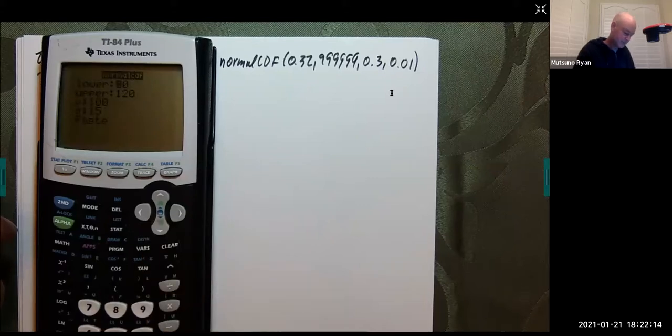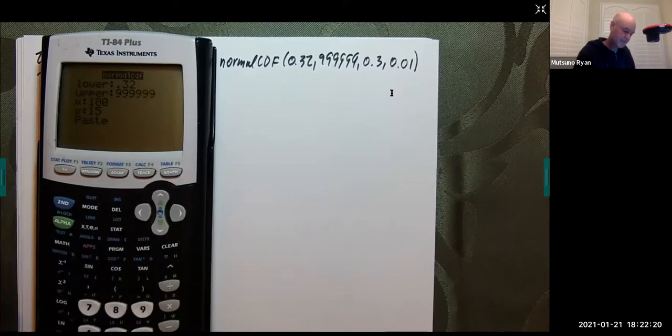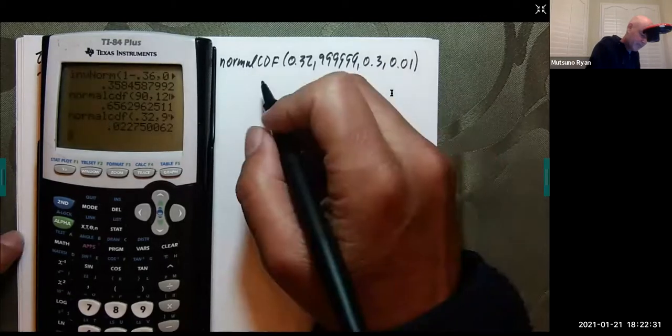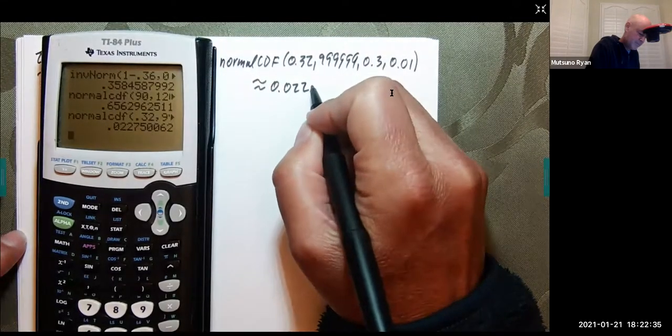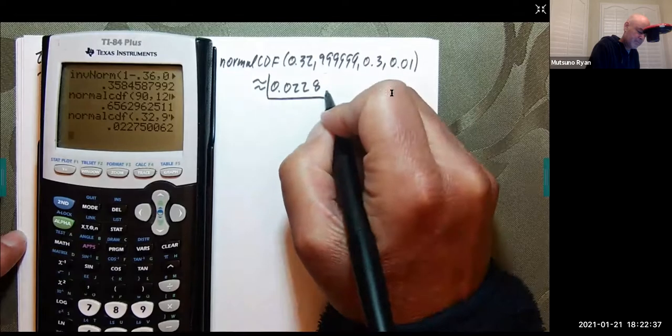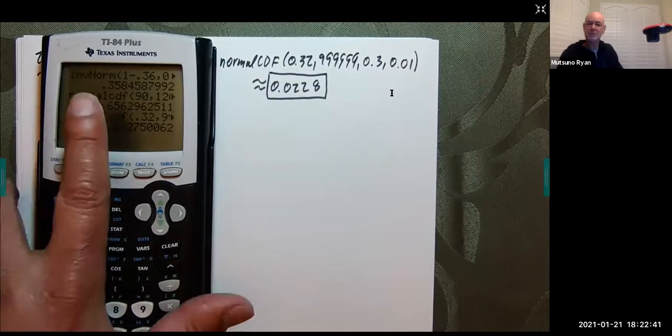The lower bound in this case is 0.32. The upper bound is just some big number. The mean is 0.3. Standard deviation 0.01. Not too bad.